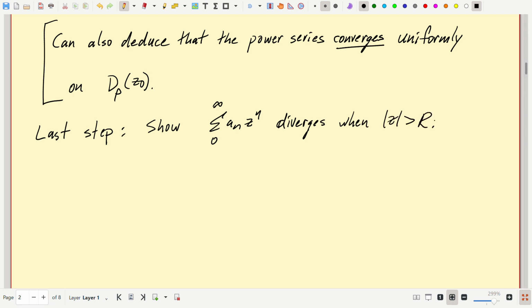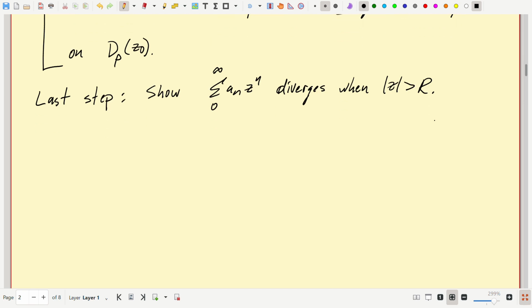Okay, so now let's see. If mod z is bigger than r, that means that 1 over r, what does it mean? It means that 1 over mod z is less than 1 over r.